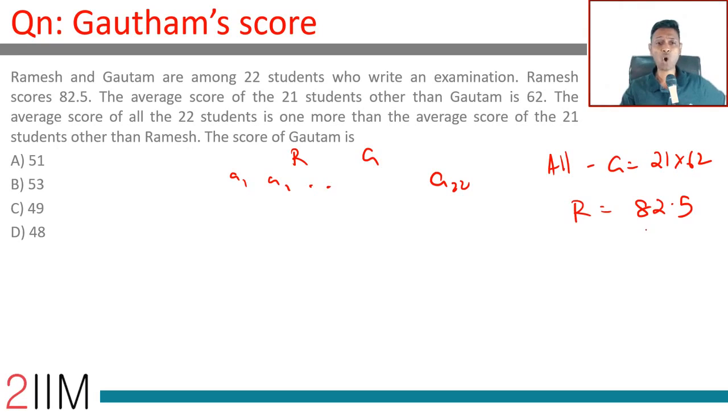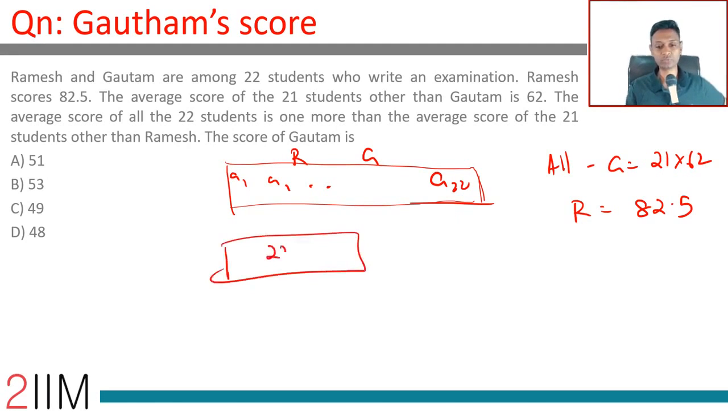The average score of all the 22 students is one more than the average score of the 21 students other than Ramesh. All 22, that's an average score, is one more than. So when Ramesh goes away, the 22 students have an average.